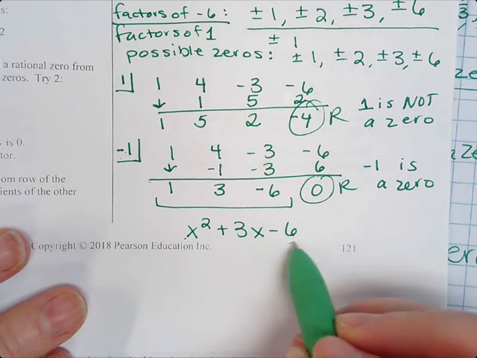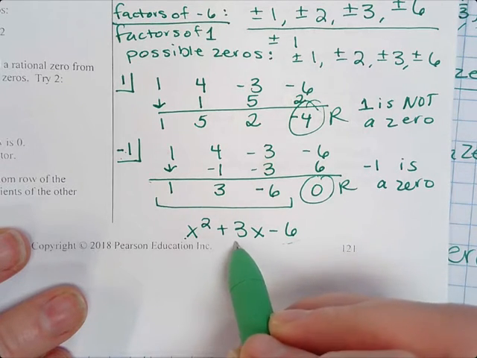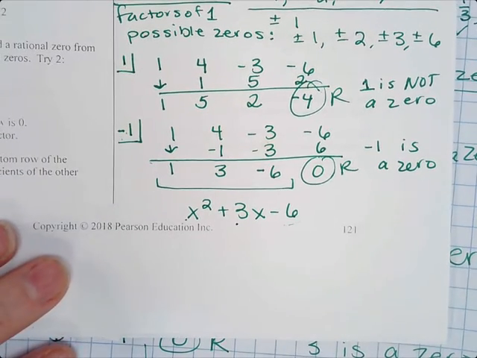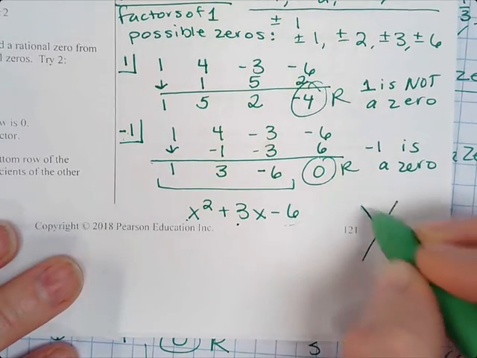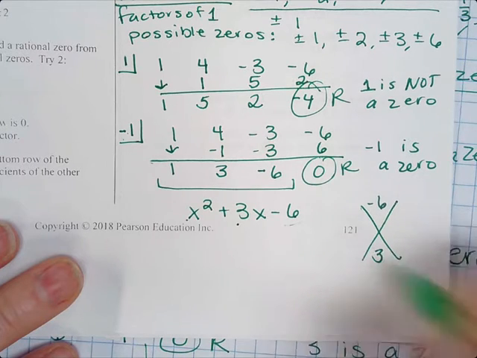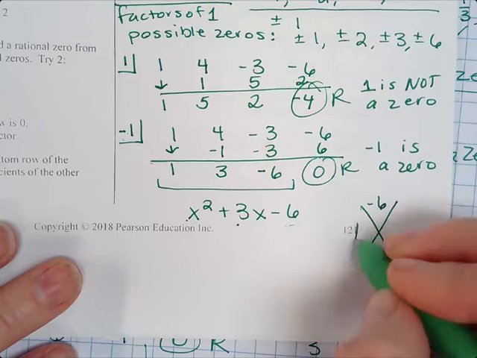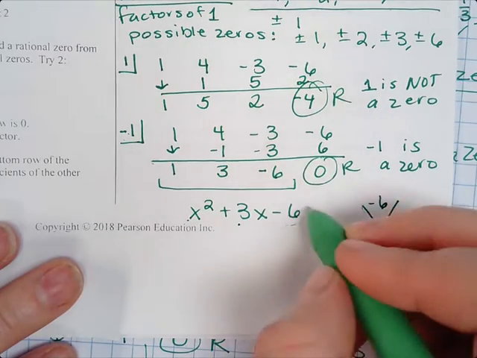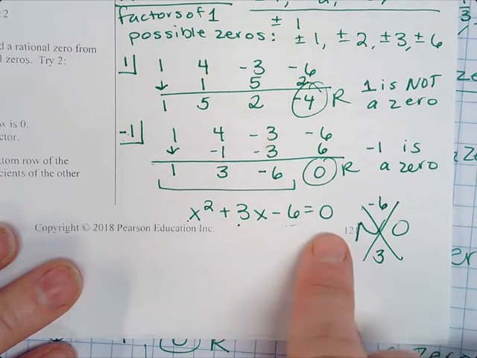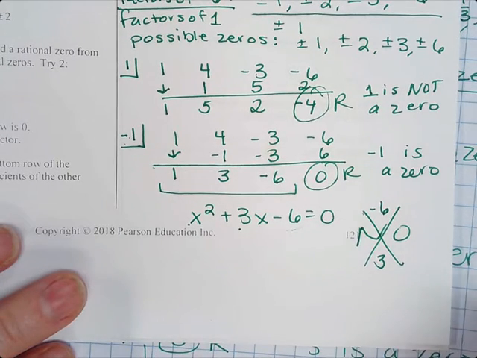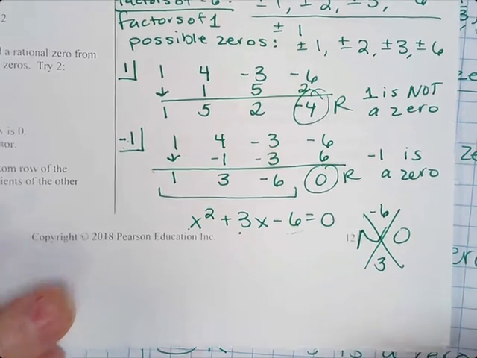The product of -6 that gives us a sum of 3. Is there one? No. So how else could we solve this? So we know it's not going to be perfect. How else can we solve a quadratic like this? Yep, quadratic formula.